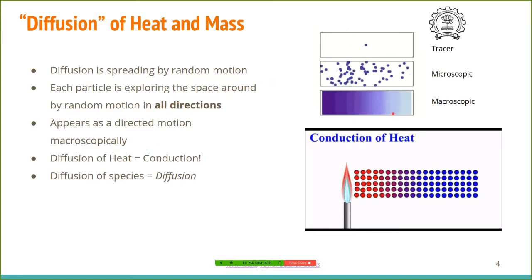What we see as a directed motion here is only a consequence that because there is more space to carry out this random motion, it appears as though it is a directed motion. But at the molecular level, the molecules move randomly. This is what we have learned as diffusion.